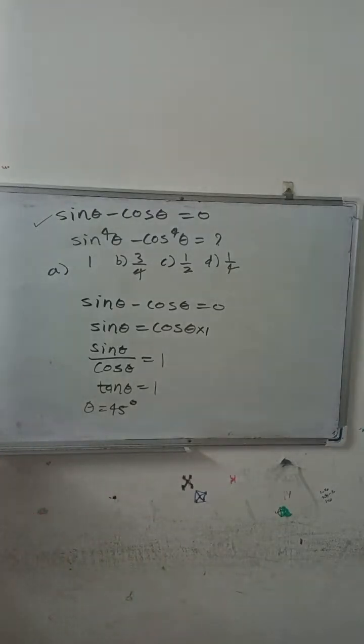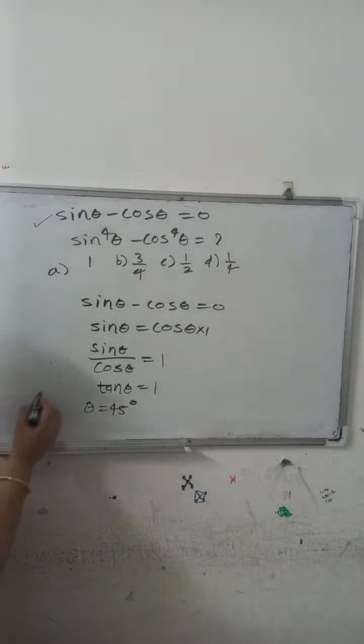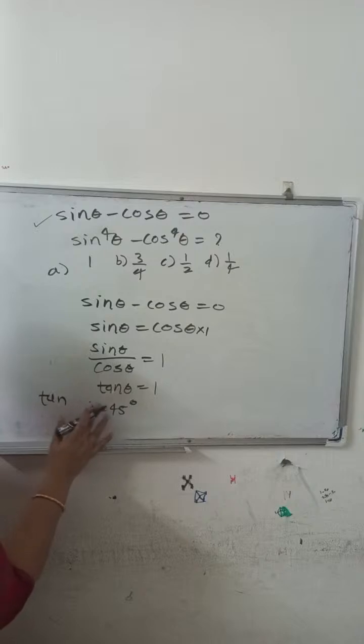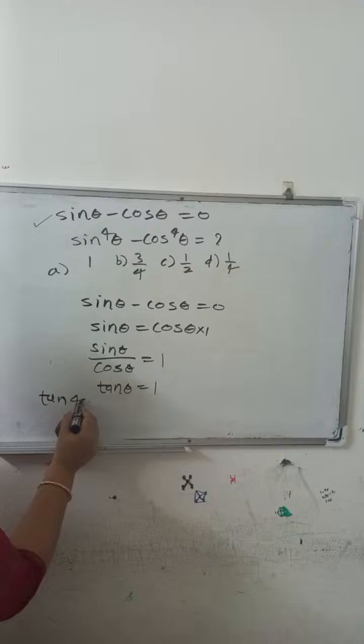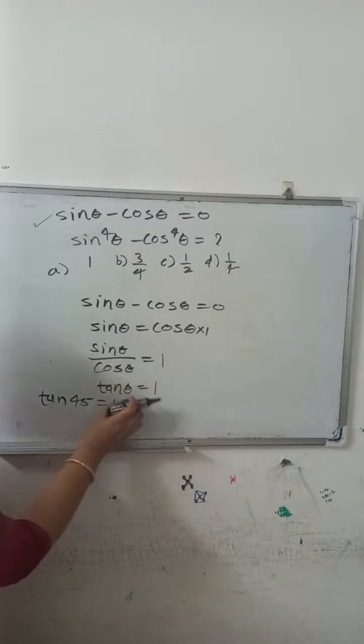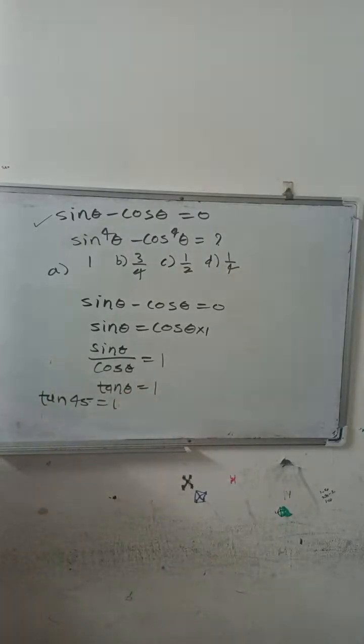Okay, can you get this? Tan 45 is nothing but what? 1. Or I can write here tan 45 degrees is nothing but what? 1. So tan 45 is equal to 1.